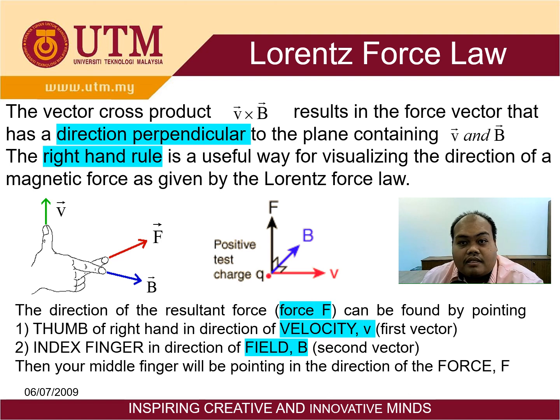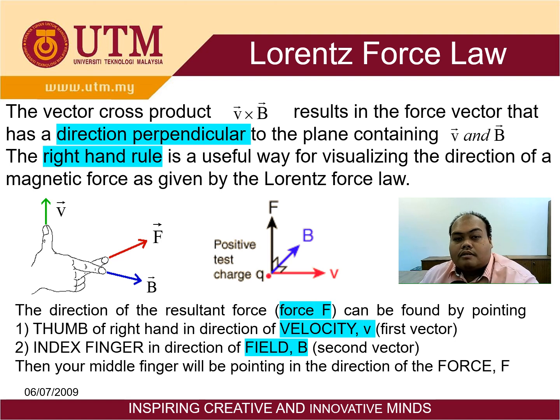The magnetic field is basically from north to south, so you have to memorize it from north to south. So the magnetic field is the index finger, and the force points in this direction. You can see the figure. The middle finger. Sorry, I don't remember what the name is.